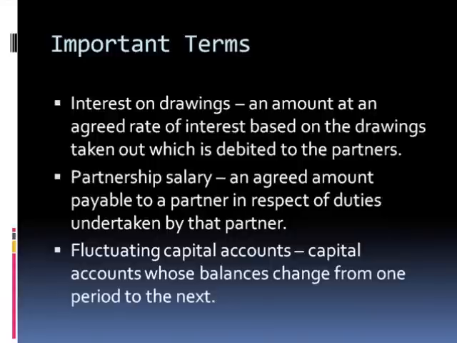So therefore, interest on drawings is added to net profit, while interest on capital is subtracted from what? Net profit, right? Yes. So in your appropriation account, you will add interest on drawings and subtract interest on capital from net profit.